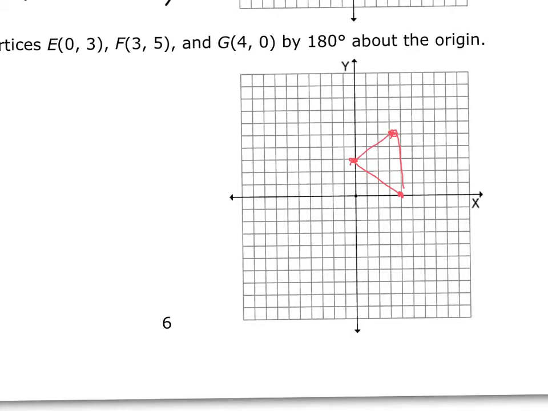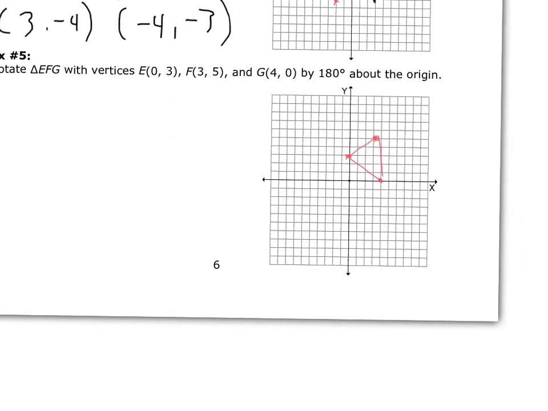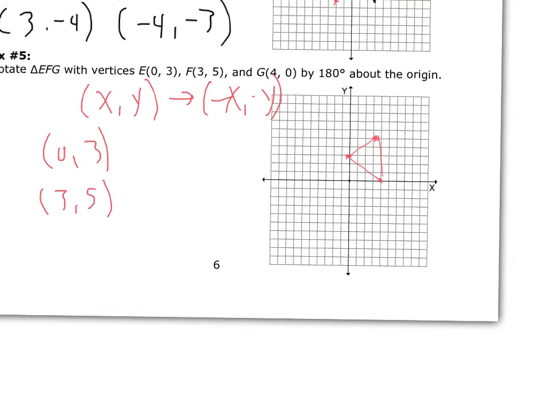Remember, 180 degrees, you're going to go from x, y to -x, -y. So let's go ahead and look at our vertices. We have 0, 3, we have 3, 5, and we have 4, 0.